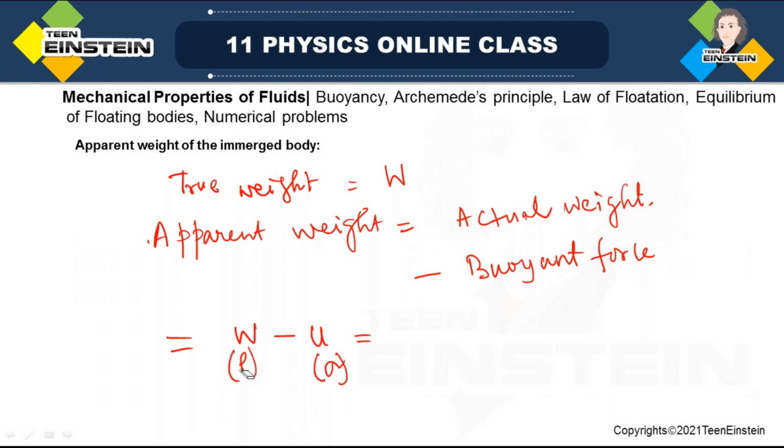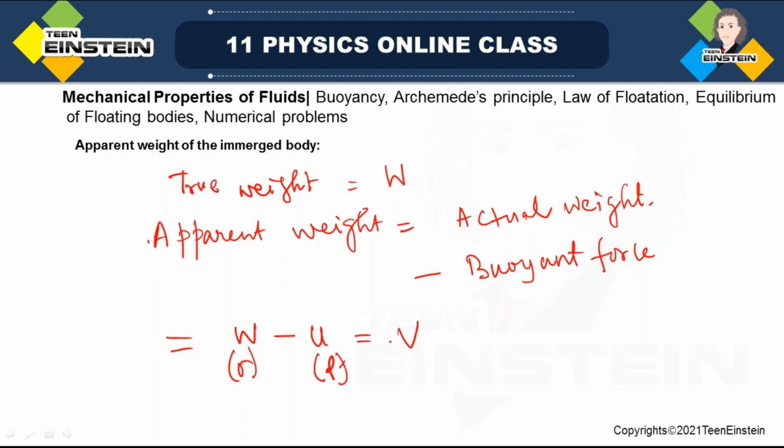Okay, I was just taking the opposite way. Let me just continue with that. The density of the liquid, suppose rho itself, the density of the object is sigma.